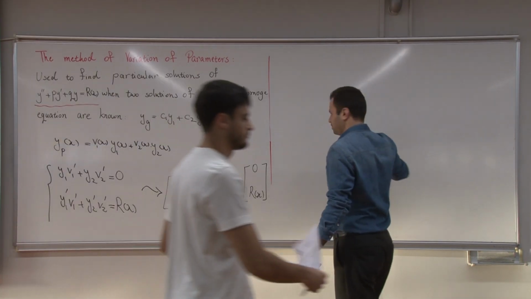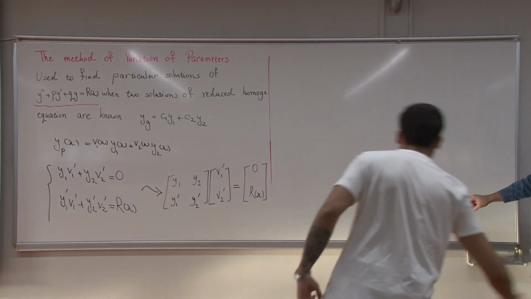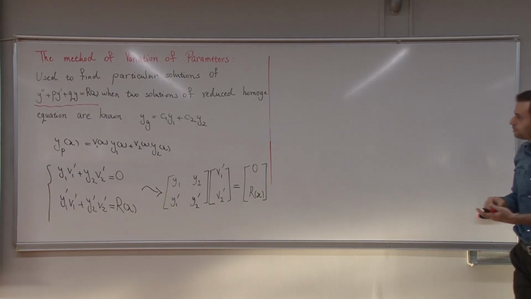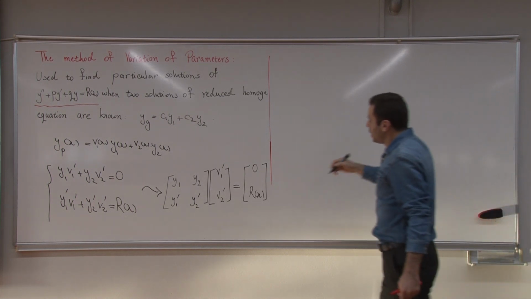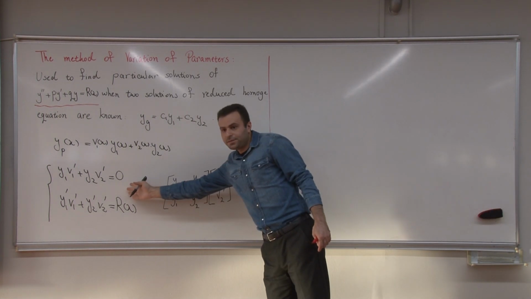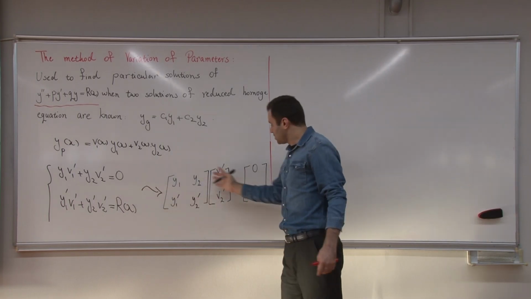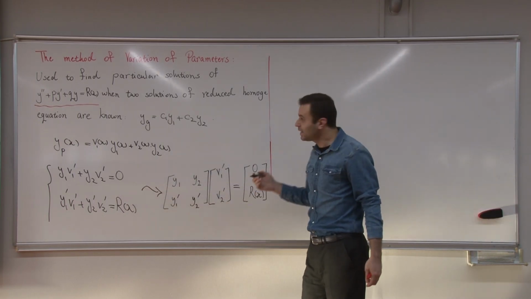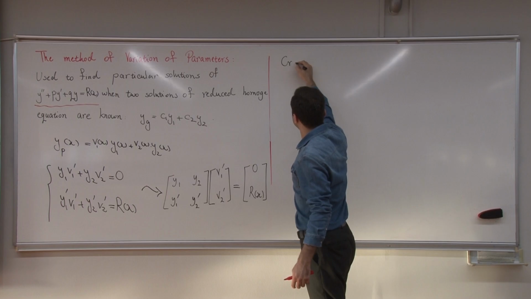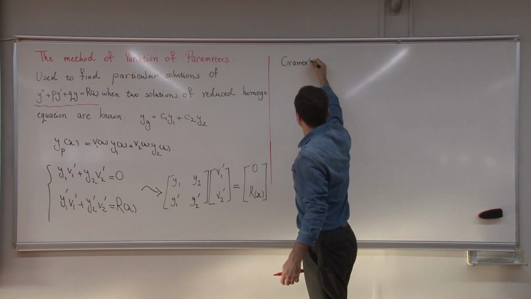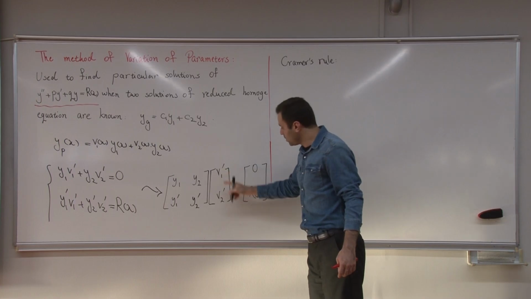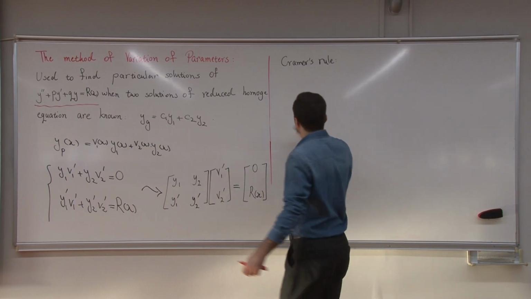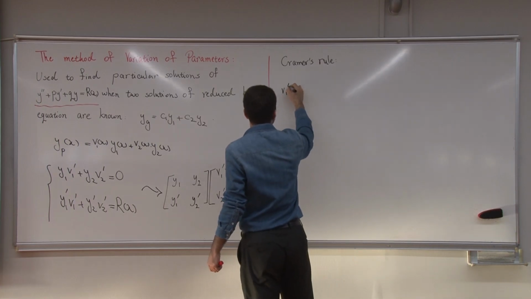Now, okay, now, if this is represented in this matrix form, I can again use Cramer's rule, right? In order to find v1 prime and v2 prime. What is going to be my v1 prime?